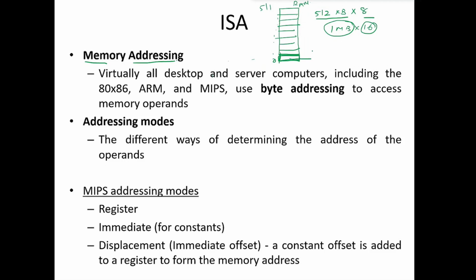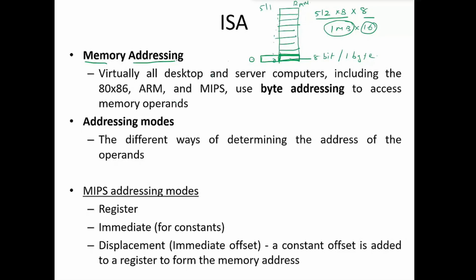When it is 8, it says that it is going to store 8-bit data, which is equivalent to 1 byte. If you have 1 MB into 16, then the 0th address is going to store 16-bit data. So this is what the memory notation says.